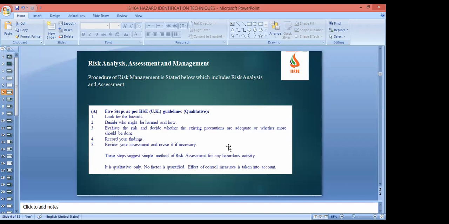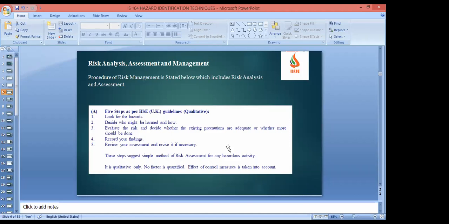So these are the steps in the risk analysis. Look for hazards, then decide who is going to be harmed and how. Then evaluate the risk and decide whether the existing precautions are adequate, or if any more is required. Record the findings and review the assessment.